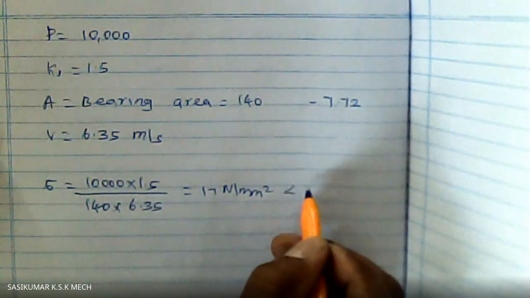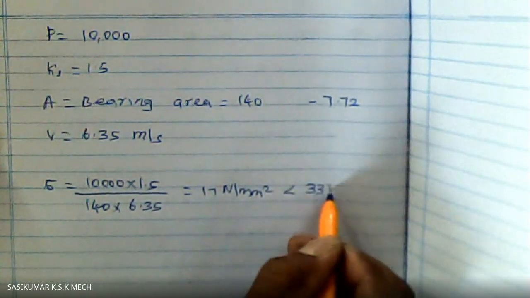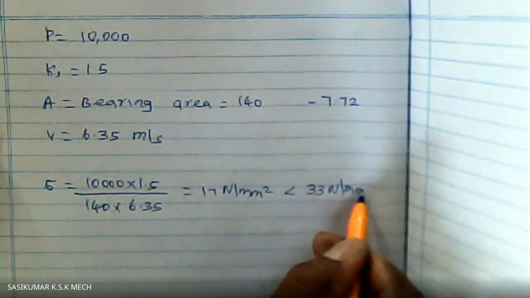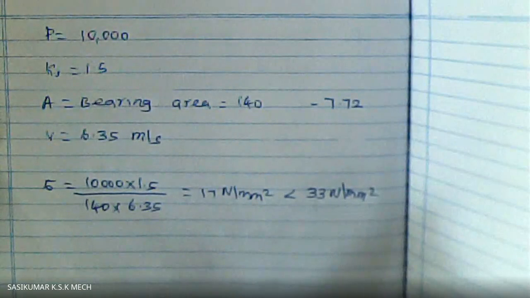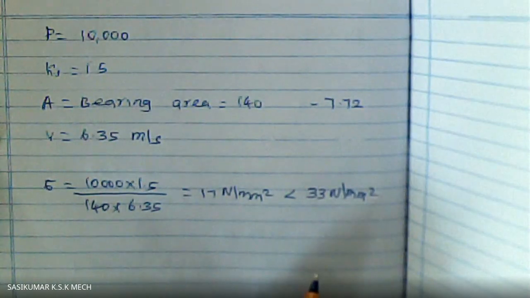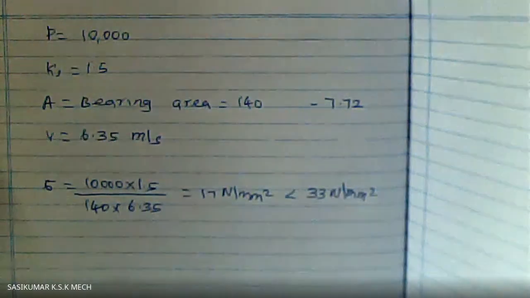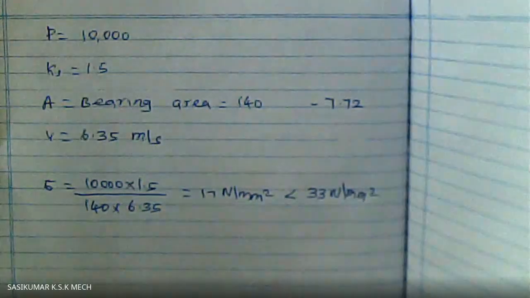It should be less than or equal to 33 Newton per mm square. This is the limiting value of stress, the allowable bearing stress, which is taken from page number 7.77.